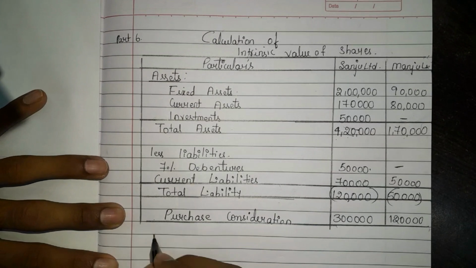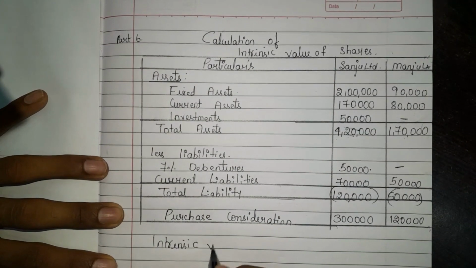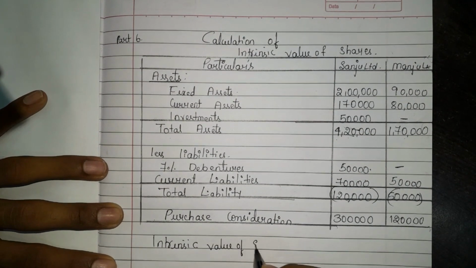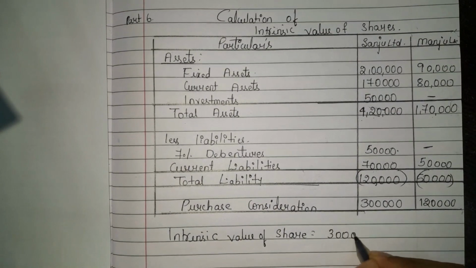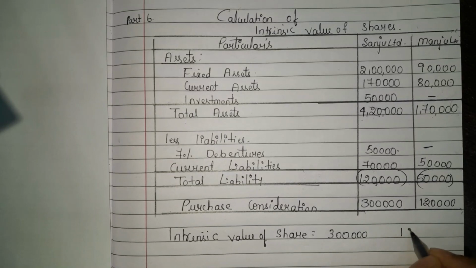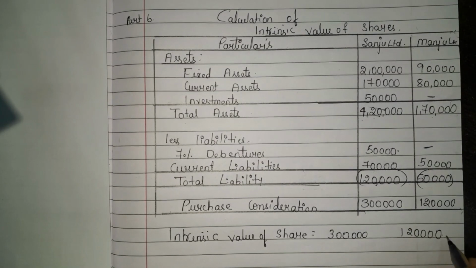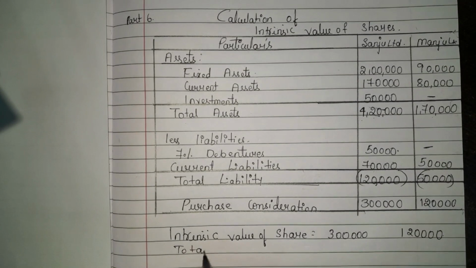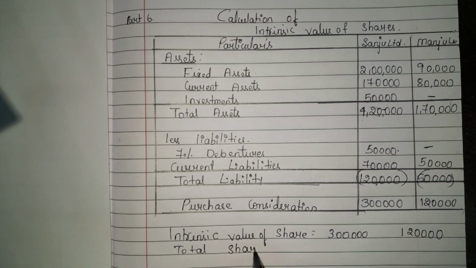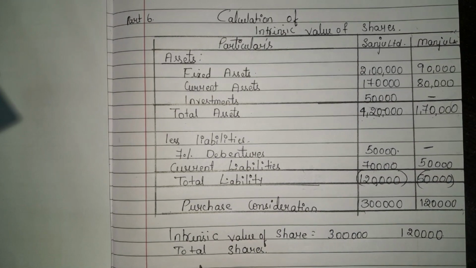Now let us find out intrinsic value of share. Now how to do this? First write 3 lakh as it is and 1,20,000 as it is. Now see here, next you write here total shares. Just check the balance sheet.